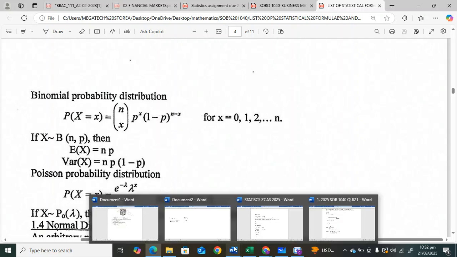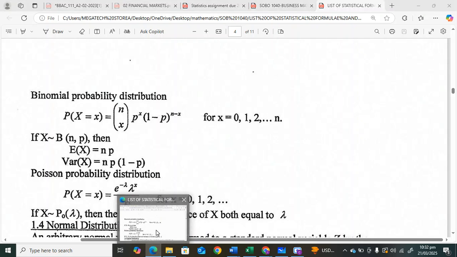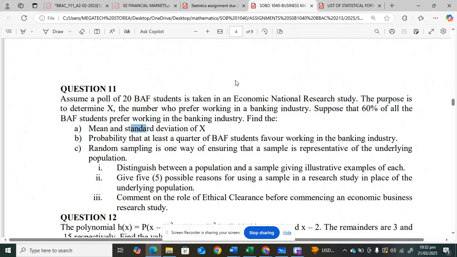In this question, it told us the probability: suppose that 60% of all the BAF students prefer working in the banking industry. So p is 60%, 0.6.